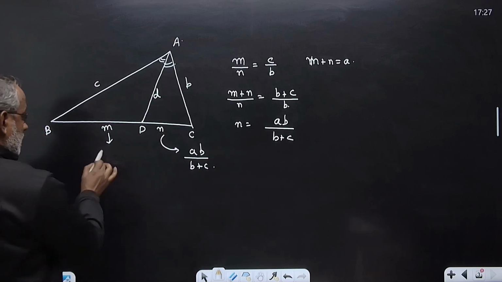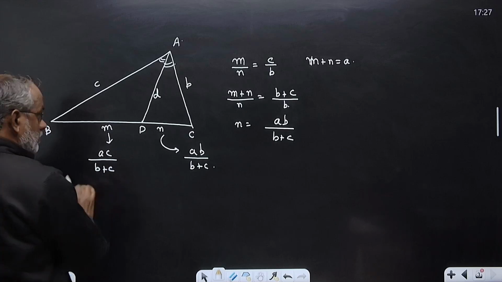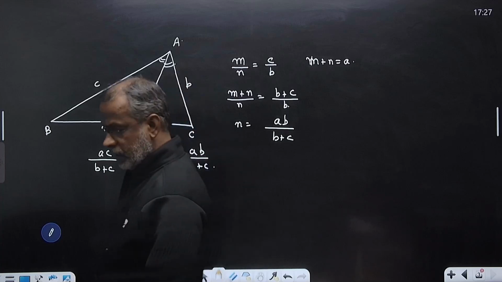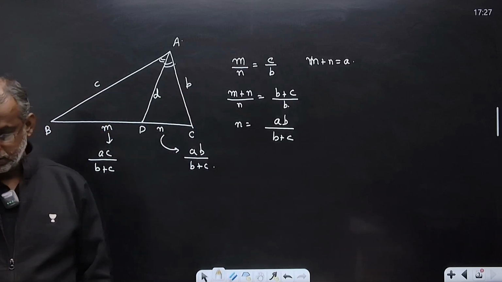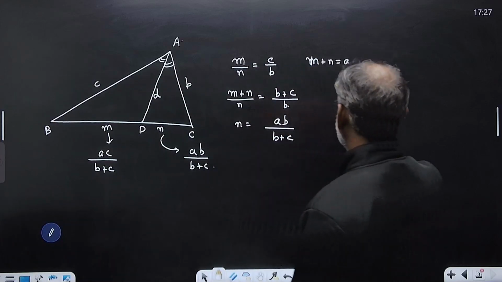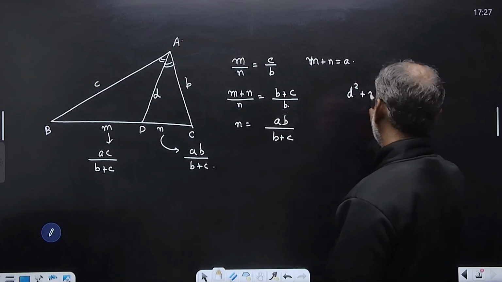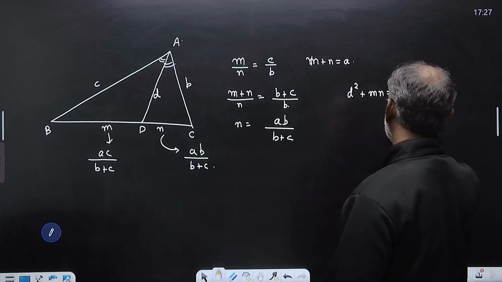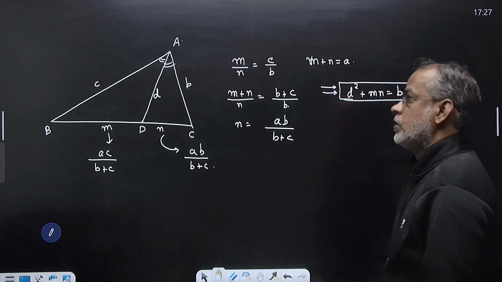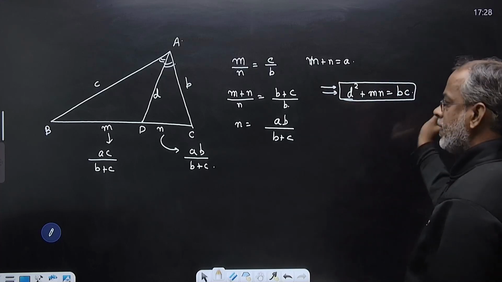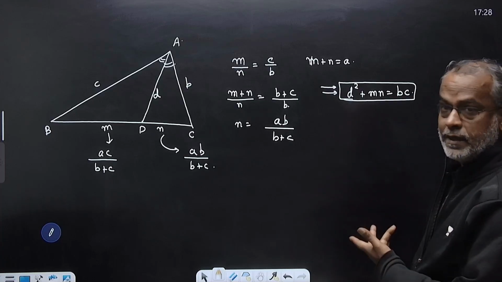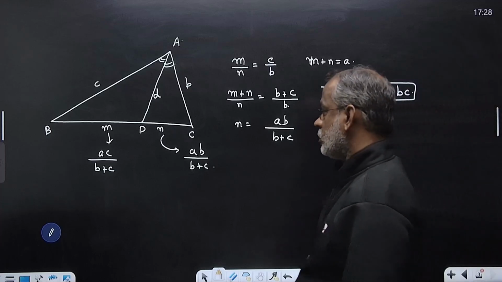You can very easily say AC upon B plus C. From this we can find, and the thing that you must remember is that D square plus MN is equal to BC, so D square is BC minus MN, with M and N written like this. How do we get to it? I think we can apply it again.